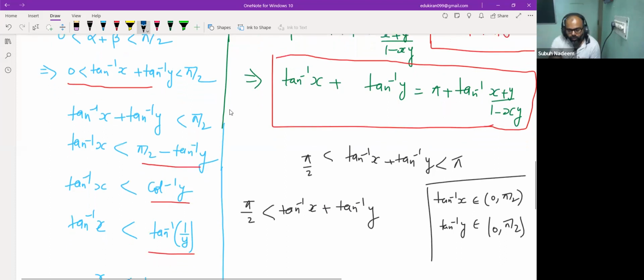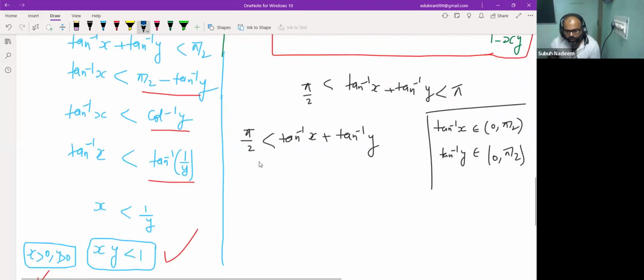Now, pi by 2 minus tan inverse of y, as we did there also, is cot inverse of y, which is less than tan inverse of x. And so, tan inverse of 1 by y is less than tan inverse of x.